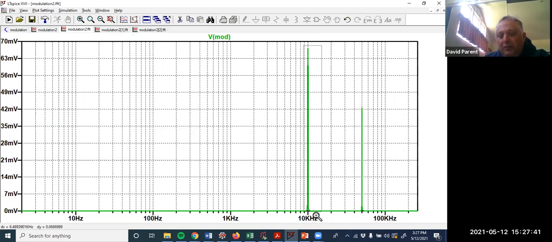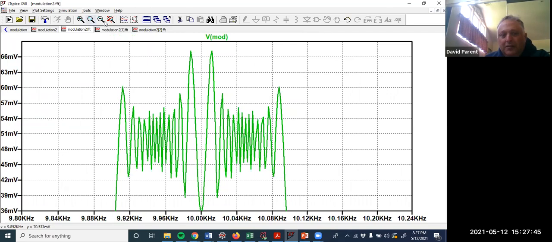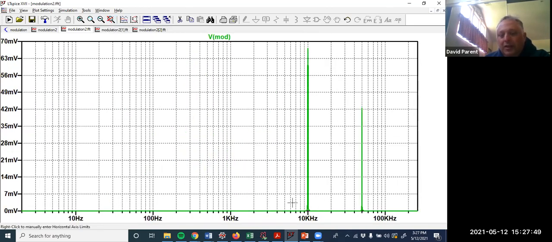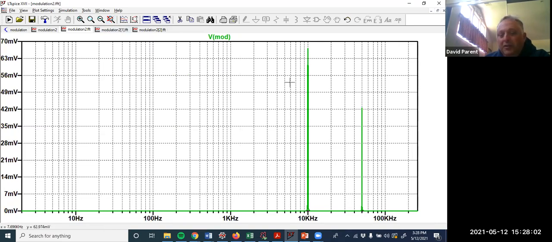But notice if I zoom in on it, I can see that mirrored original data superimposed on the channel. Under this scale, it almost looks like delta functions. You almost can't even tell, right? And if I zoom in there, there's the other one. So this is the one I want.